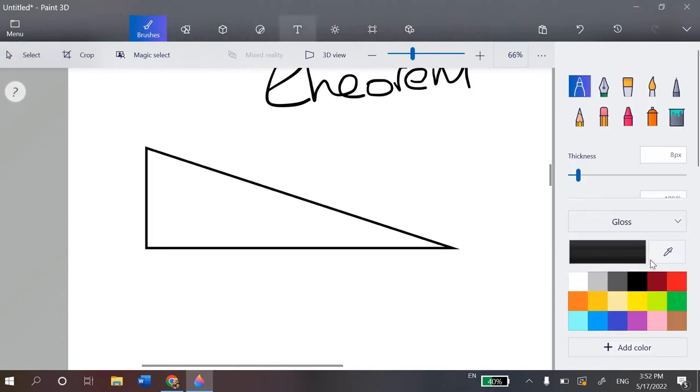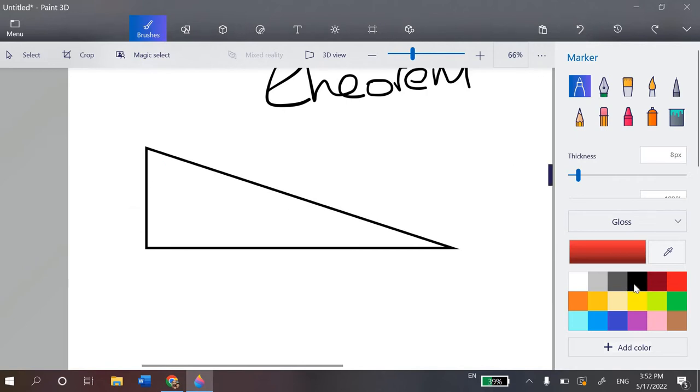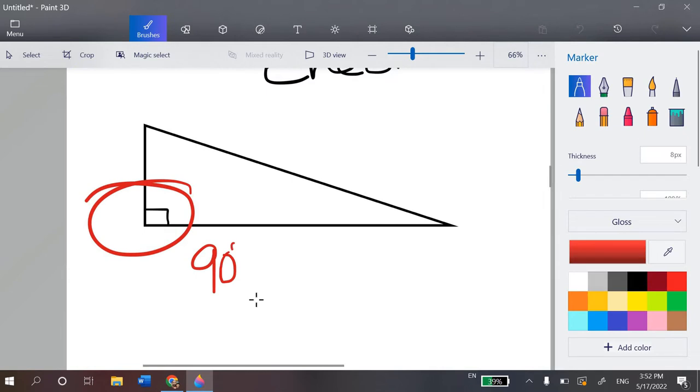Every triangle has got 3 sides and 3 angles. Okay, we've got our 1, 2, 3 angles and 1, 2, 3 sides. If it is a right angle triangle or a 90-degree triangle, one of these angles will always be 90 degrees. Okay, 90-degree triangle, 90-degree angle.